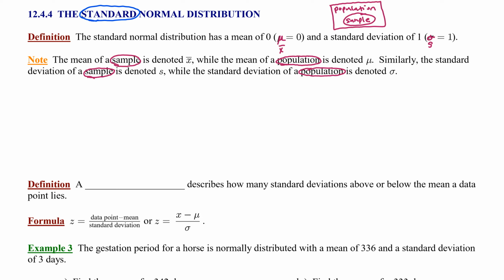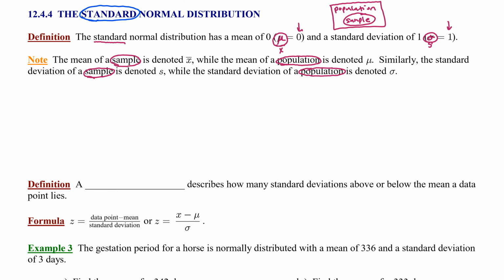So when we're describing the entire population, we use the Greek letter mu for the average or the mean, and the Greek letter sigma for the standard deviation. So aside from that subtle change in notation, if we're dealing with the standard normal distribution, then the average is 0 and the standard deviation is 1.